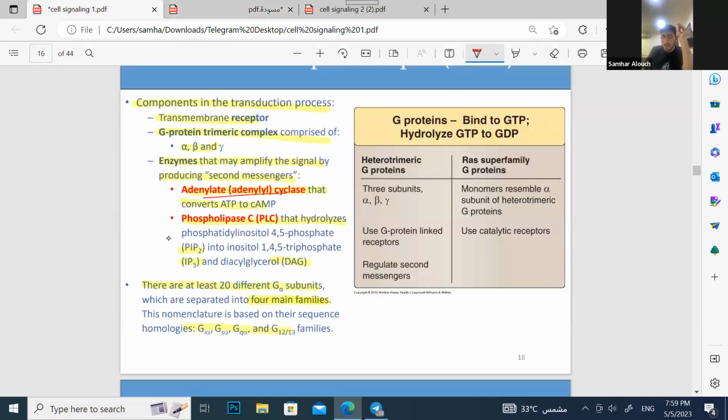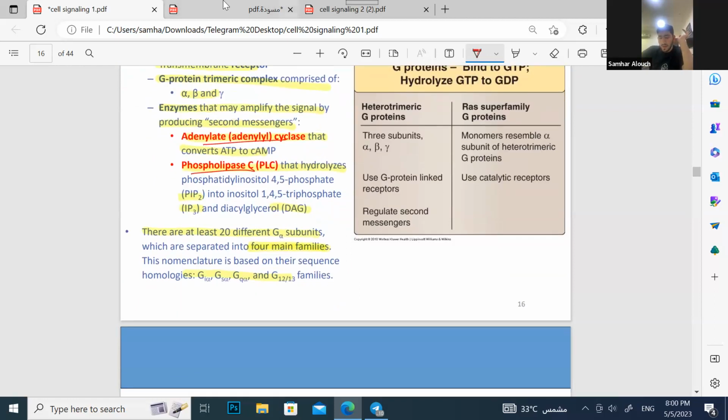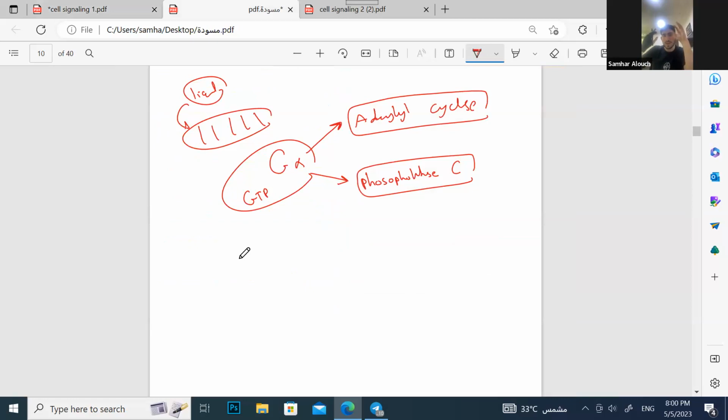It does many things, but I just want you now to know the structure of things. We will explain the signaling pathway in detail afterwards. Once the ligand binds, G-alpha becomes active and it activates adenylyl cyclase or phospholipase C, either one of these. And that depends on two things: the ligand that binds and the type of G-alpha.